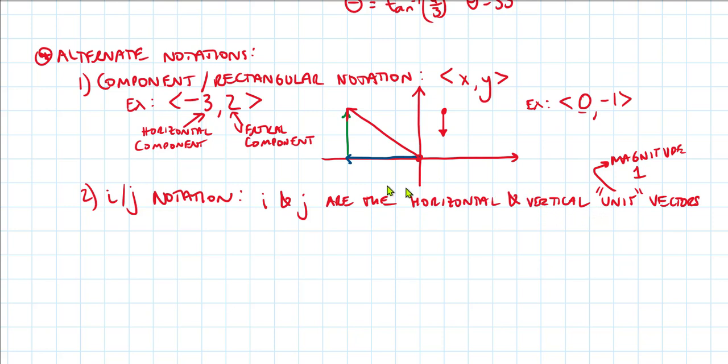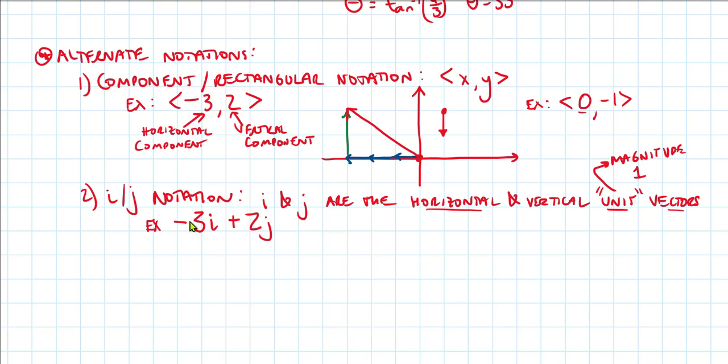So for instance, a vector with these components, negative 3 comma 2, could also be expressed in ij notation as negative 3i plus 2j. What that means is that our vector has 3 i, or horizontal unit vectors. If we look back up here, we can see 1, 2, 3 unit vectors stacked head to tail.